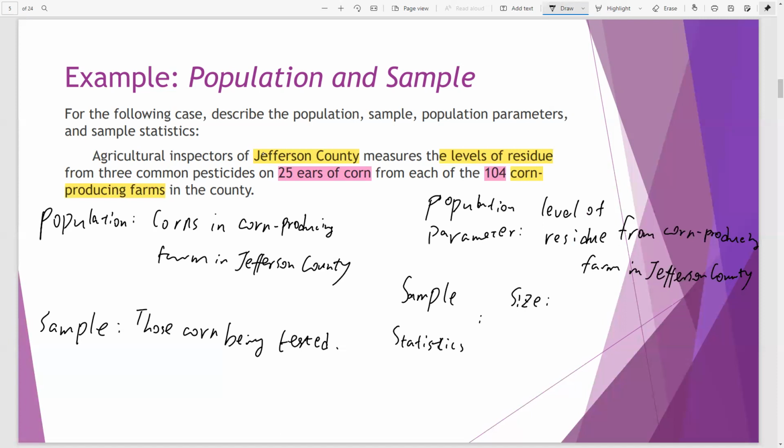That is, the size being tested is 25 of each of corns in the 204. That will be 2,600 corns being tested.